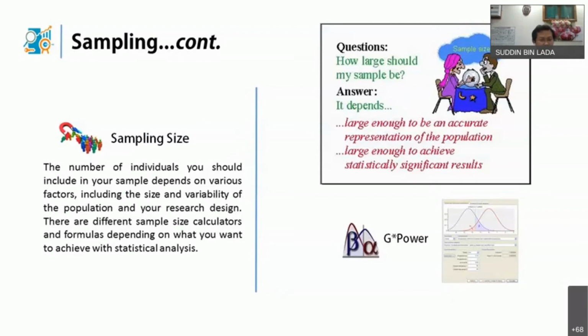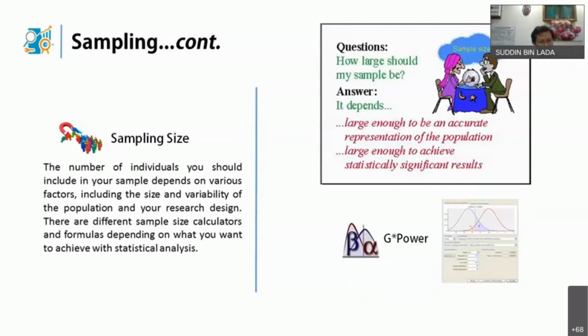But the important point here, how to calculate, I recommend to you to use G power. But this is not the only technique, right? You can use others. Previously, I used Hair et al. 2010, where we calculate the sample size based on the measurement items, whether times 5, times 8, or the maximum times 10, to determine the sampling size.